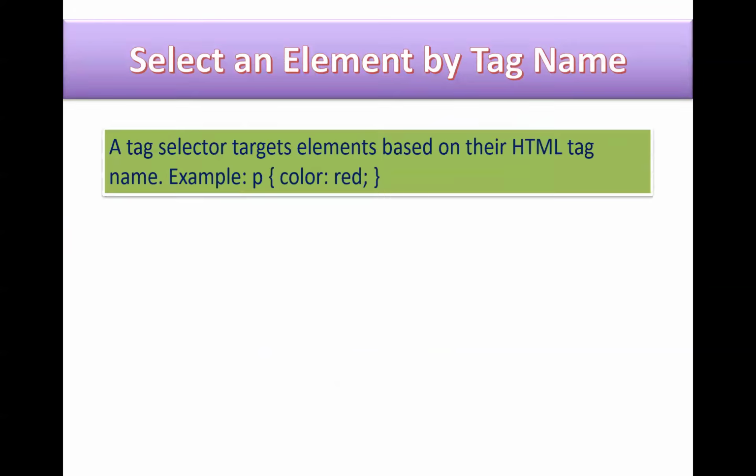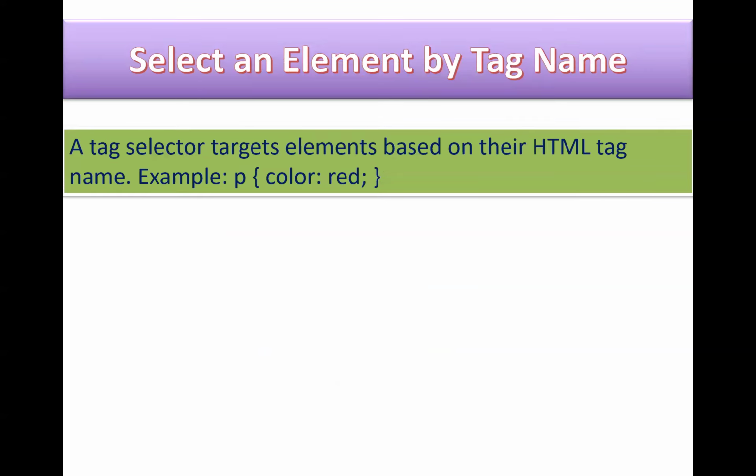What does select an element by tag name mean? It is a tag selector. For example, here p is the selector. Color is the property and red is the value.